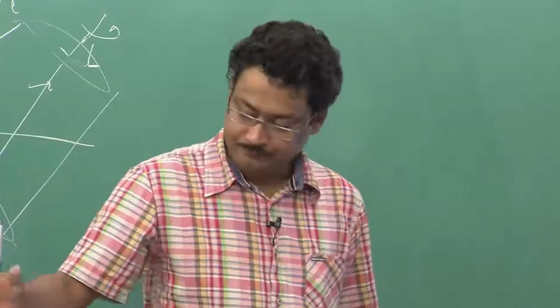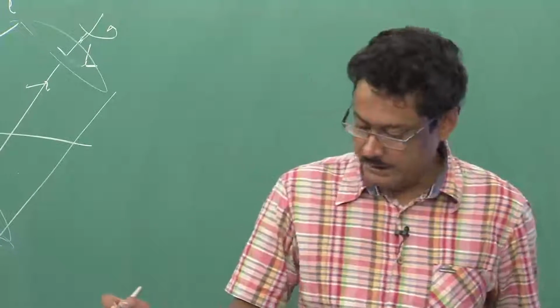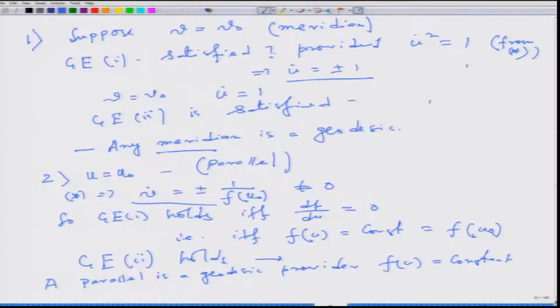So, this shows that on a surface of revolution I have meridians as geodesics, and parallels as geodesics only for cylinders.